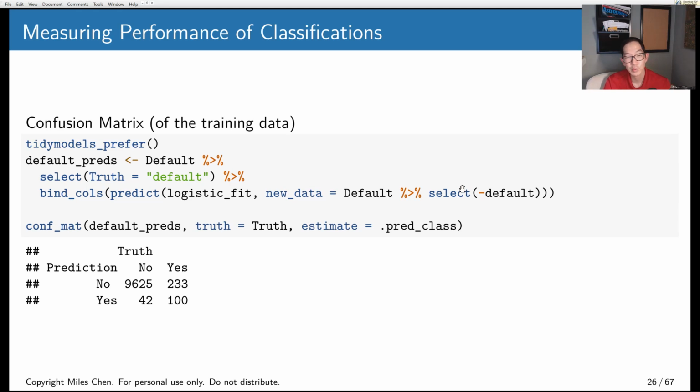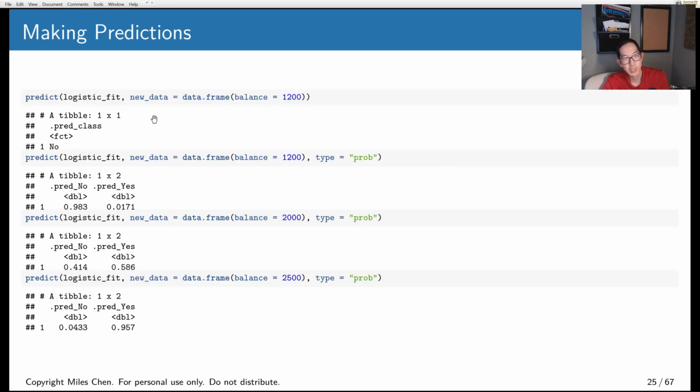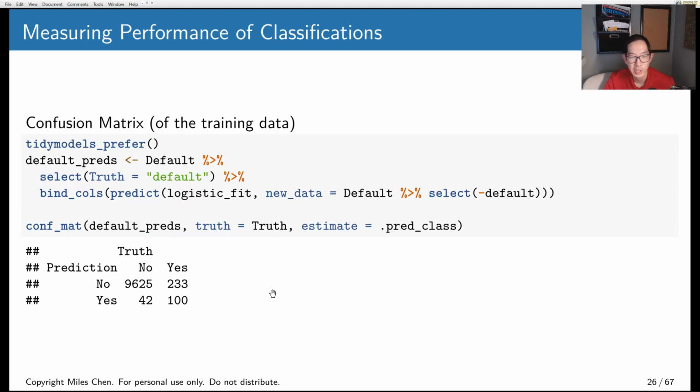So we'll have two columns: one column will be truth, whether they actually defaulted or not, yes or no, and then our predictions. Remember, if you don't say type equals probability, you'll just get a bunch of no's or yeses.